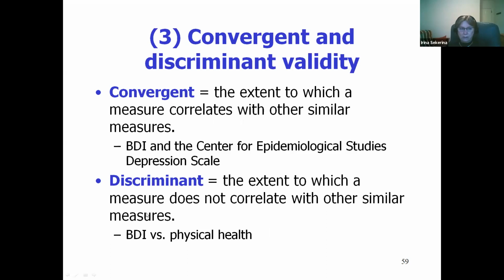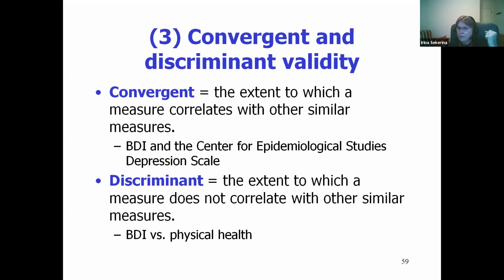Finally, let's do these two, convergent and discriminant. To understand these things, you need to understand correlations. You need to understand scatter plots, right? So if you take one scale and you say it measures depression, and then somebody else comes and says, I also have a depression assessment.